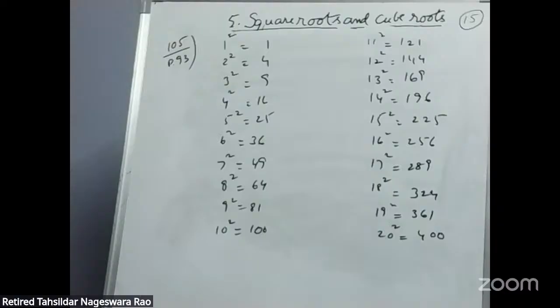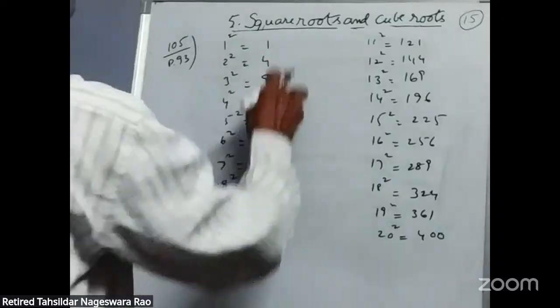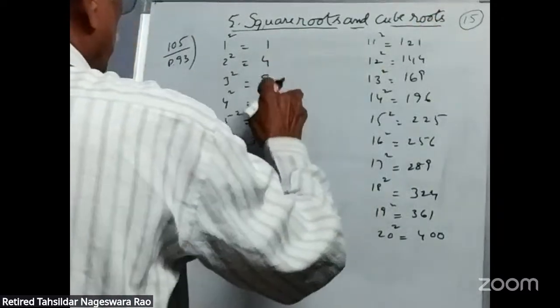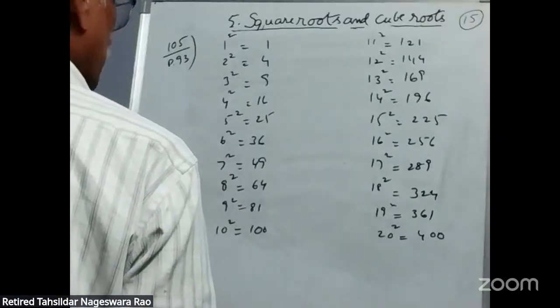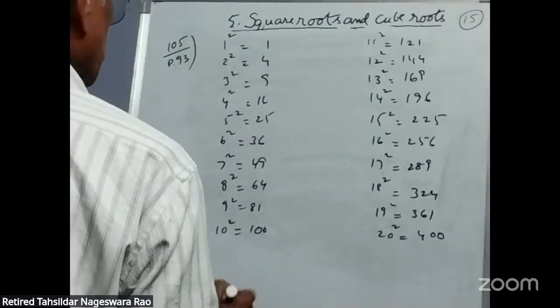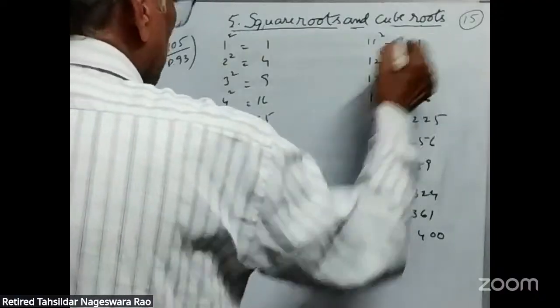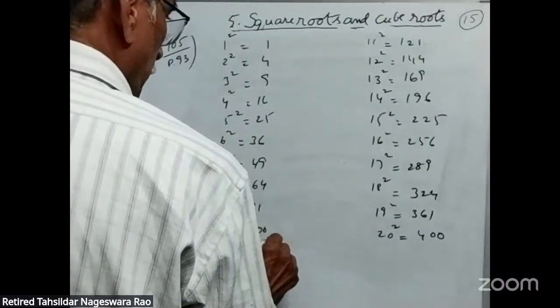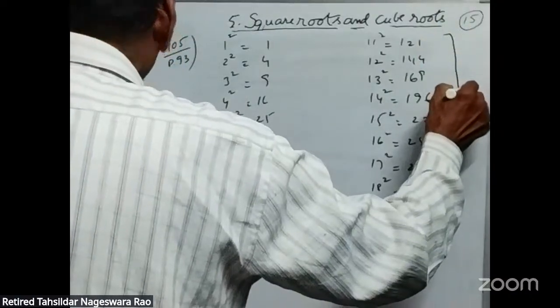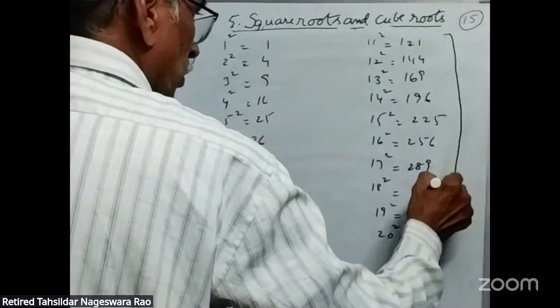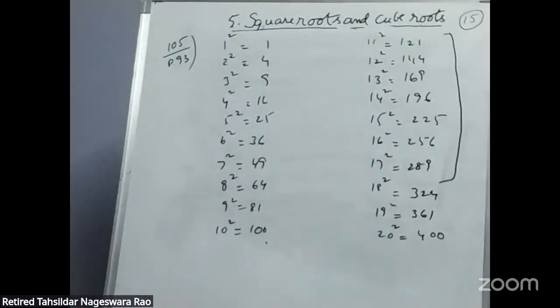The question is, how many perfect squares lie between 120 and 300? These are all perfect square numbers: 1, 4, 9, and so on up to 400. Between 120 and 300, more than 100, from 121 onwards up to 300 only. 324 is larger.